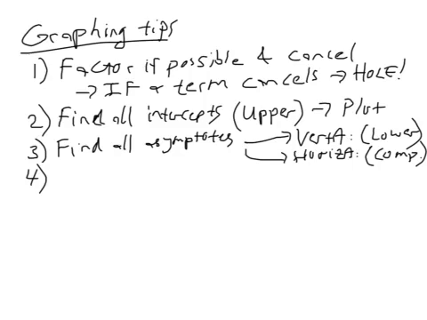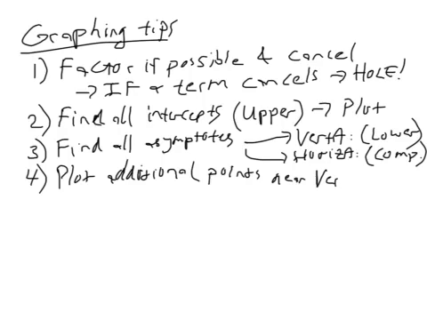Fourth, you probably need to plot additional points. And I like to plot them near the vertical asymptote. Usually I just do it on one side, the side where maybe you have your intercepts already, just to get kind of a feel for what one of the branches is going to look like.